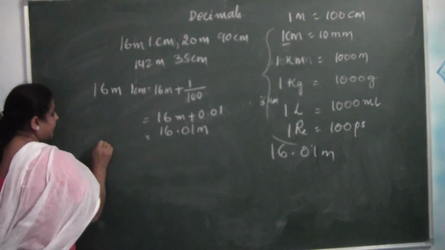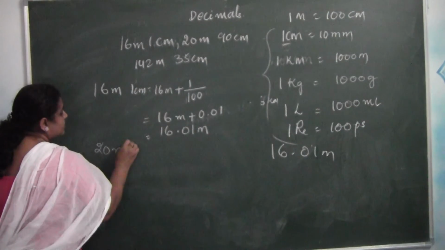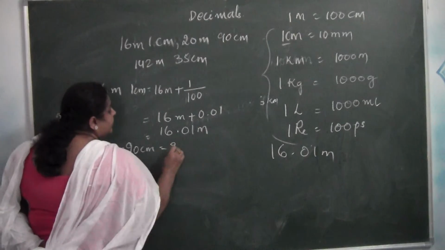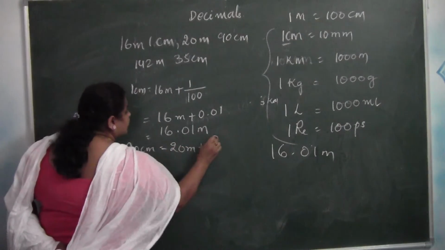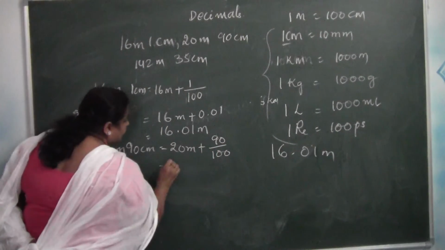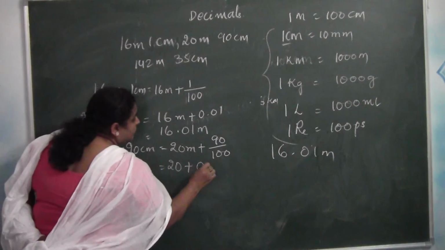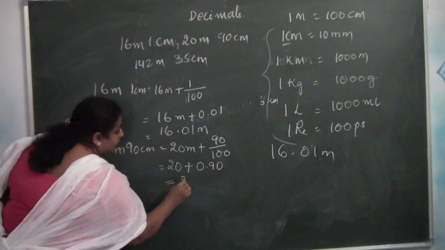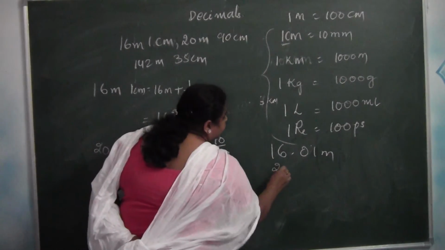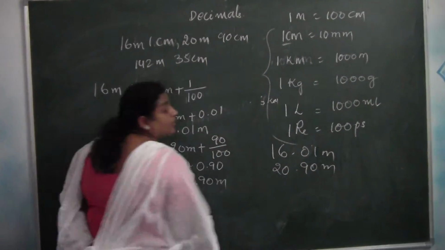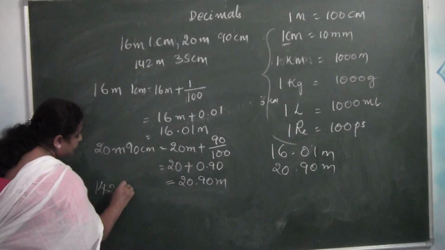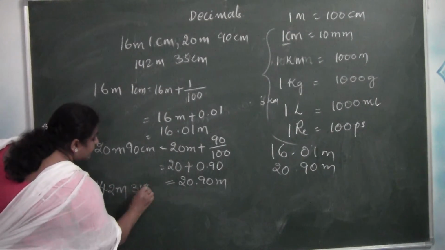So just write it aside: 16.01 meters. Next we have 20 meters and 90 centimeters. So 20 meters as it is, plus I am writing 90 centimeters as 90 by 100. So 20 plus 0.90, that is 20.90 meters. Next, the last one, 142 meters and 35 centimeters.